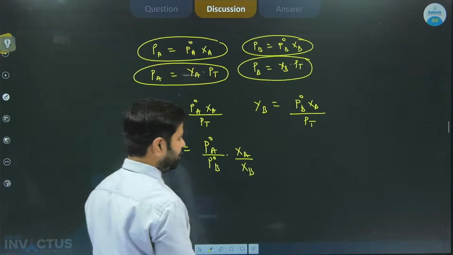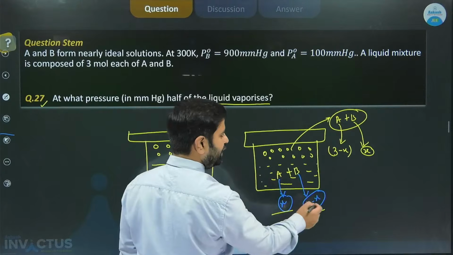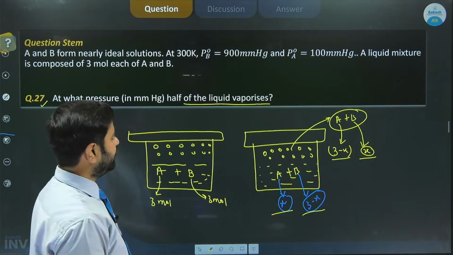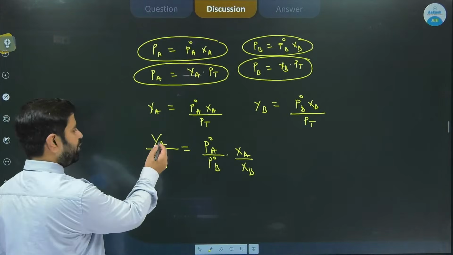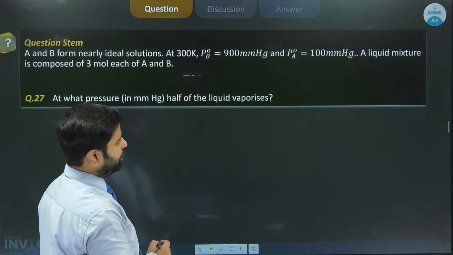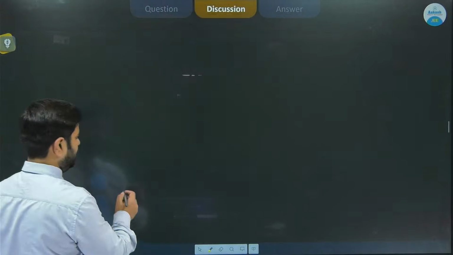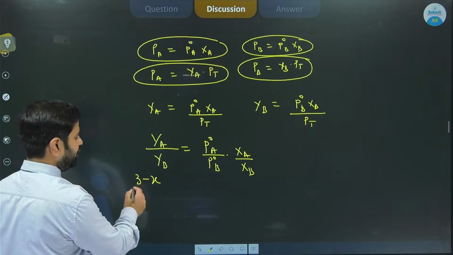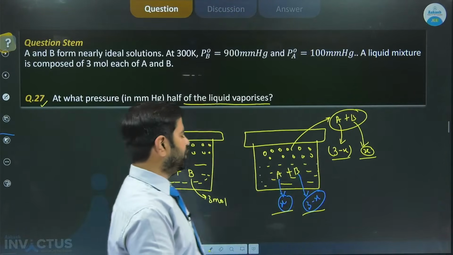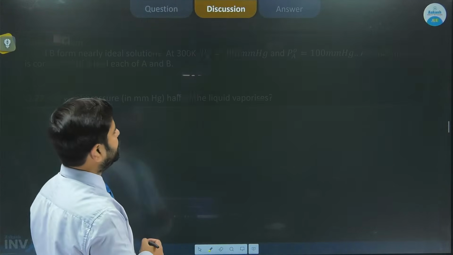Now we know the moles in the liquid phase and vapor phase of each component. Let's apply it. In the vapor phase, what is Y? You can simply calculate YA: it is 3 minus X divided by 3. And YB is X upon 3. And P naught A and P naught B are given.